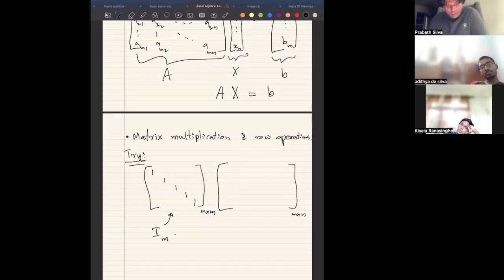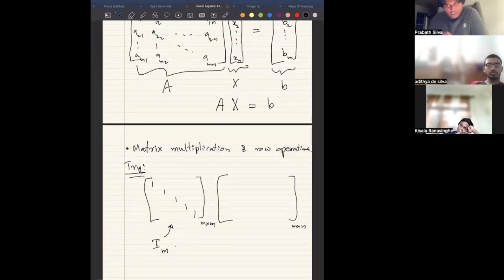We multiply A with the identity matrix, nothing is going to happen. Actually this Im is the multiplicative identity for matrices. Remember, in general, this is like the multiplicative identity in the ring, so we need to have this to be able to do it.